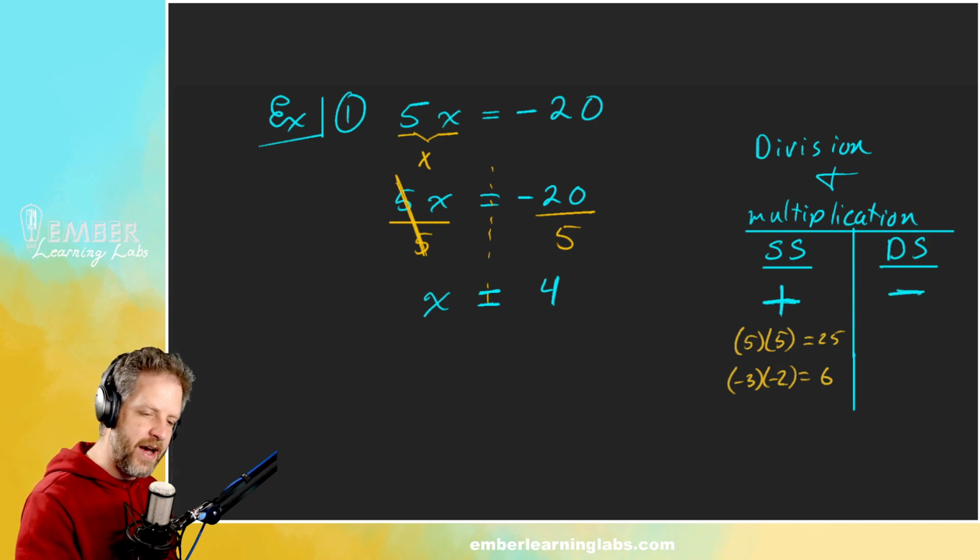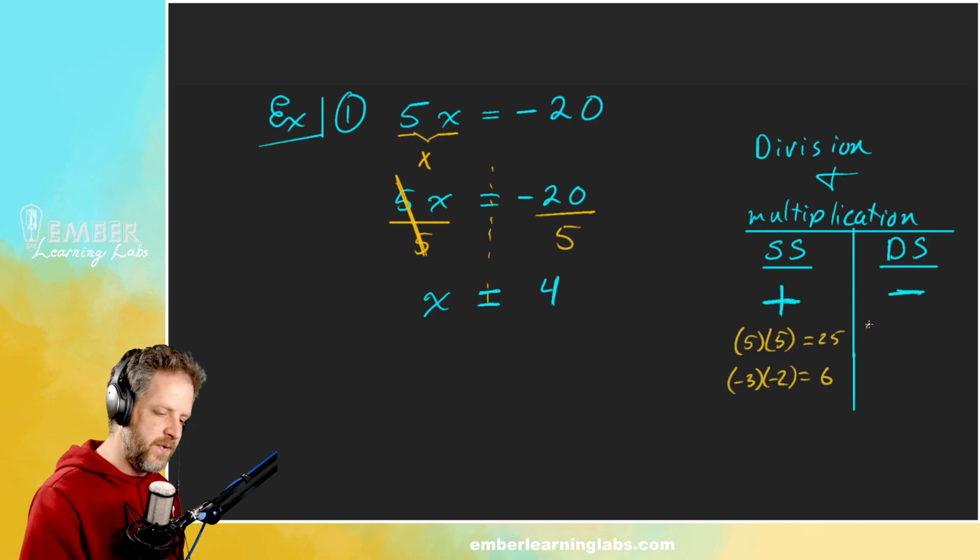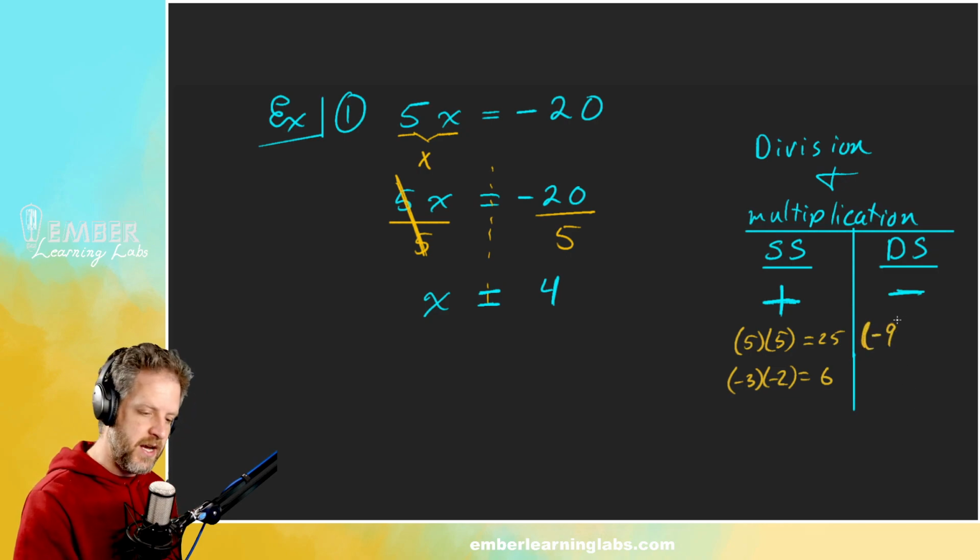So if we have, for example, negative 9 times positive 5, the answer is negative 45, right?